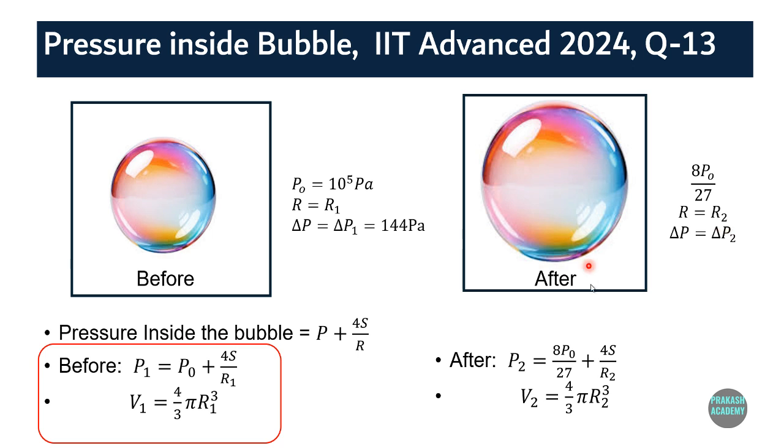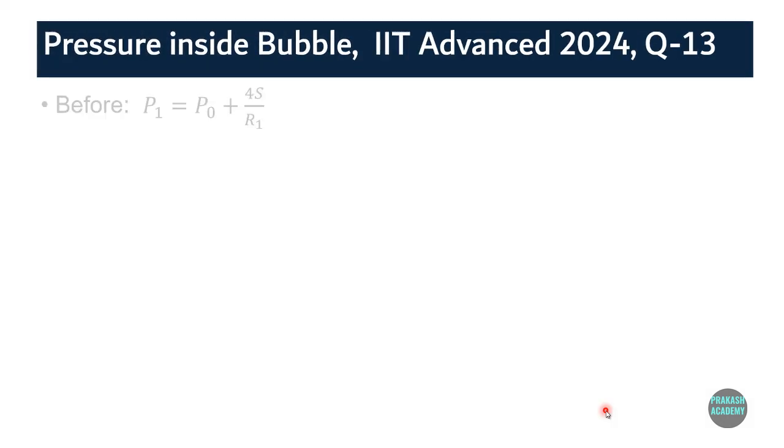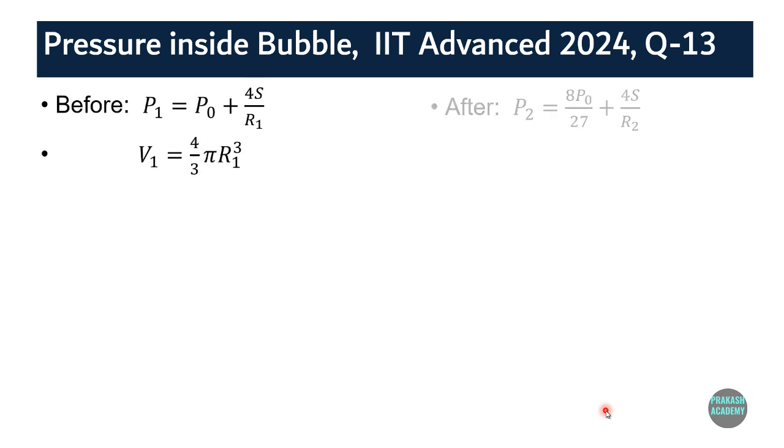The volume will be 4 by 3 pi R2 cube. So now we know P1, V1, P2 and V2.